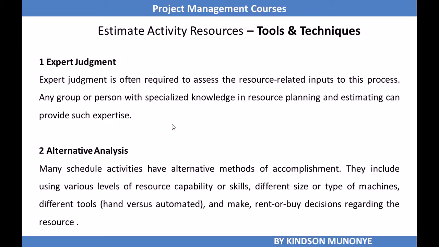So alternatives analysis may include using various levels of resource capability or skills, different size or type of machines, different tools, make, rent or buy decisions regarding the resource. So when you are considering alternatives, other ways of doing the same thing, you are looking at various options. This process is called alternatives analysis.